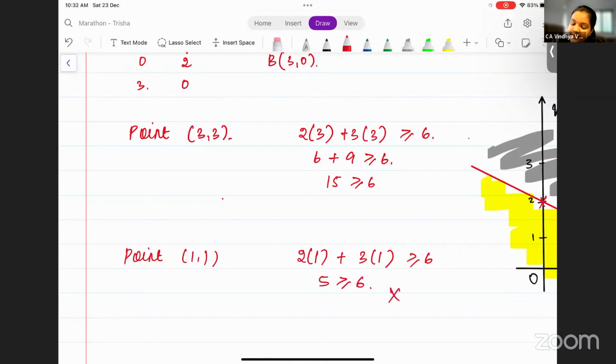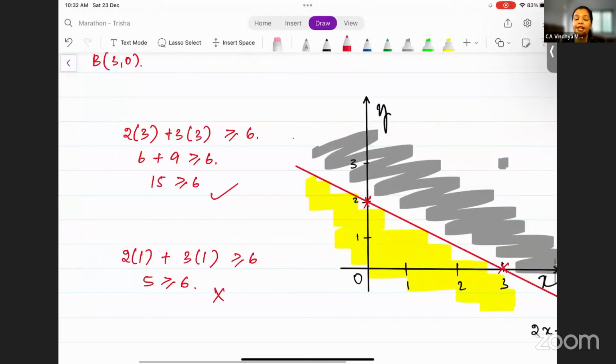Can I say this is mathematically incorrect? Yes. It is mathematically incorrect, which means the shaded area is the other side. That is not the yellow area, it is the gray area. This is how you can solve for every question.